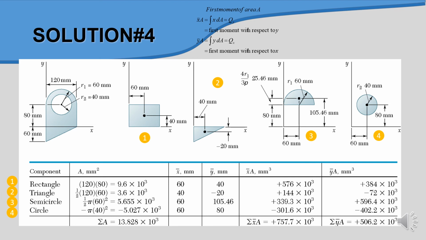For Qy, the value is here. For Qx, the value is here. So just take the values and put them all together, and finally you get the first moment.